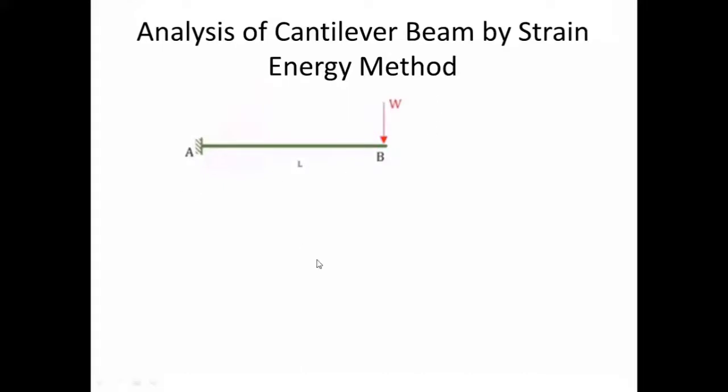So these are the three unknowns. So number of equations available 3, and number of unknown reactions also 3. So 3 minus 3 is 0. So this propped cantilever beam is statically determinate.